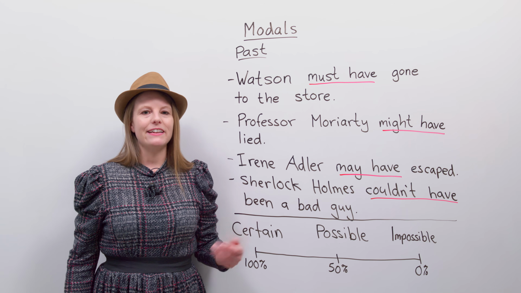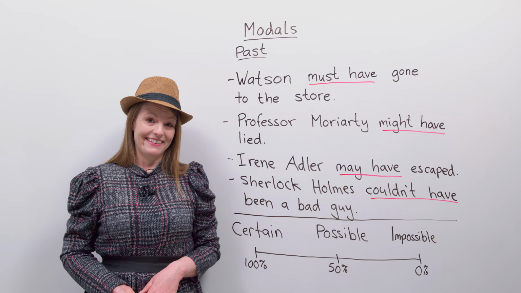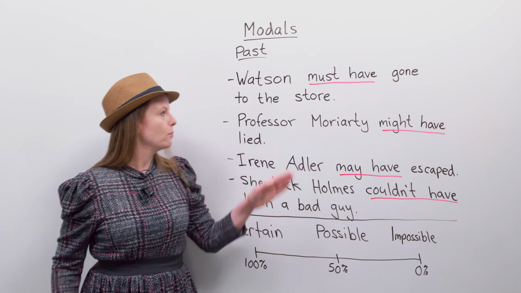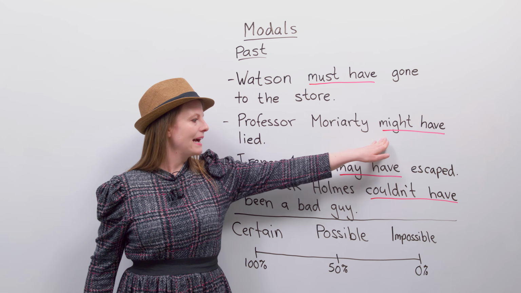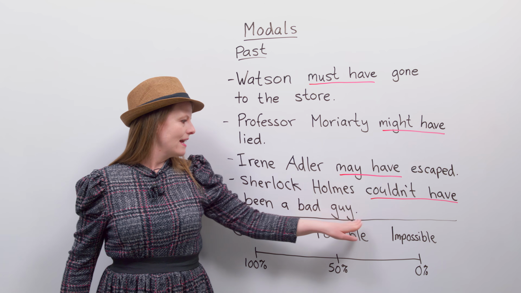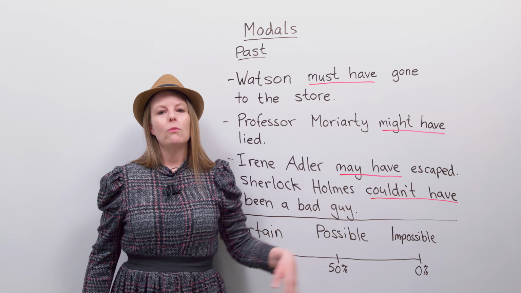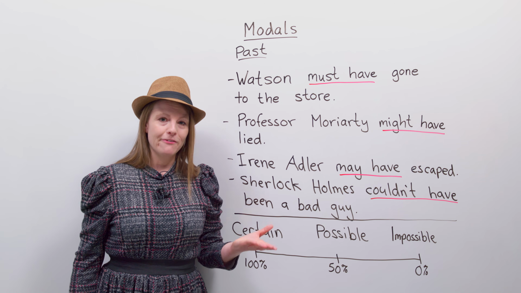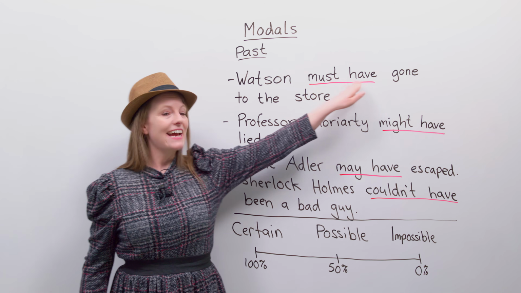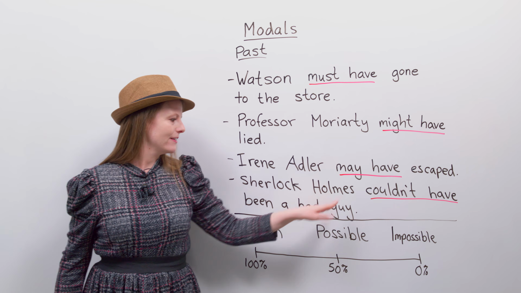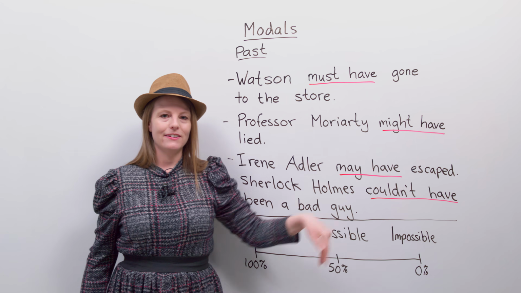So what do you notice about all of these sentences? Well, first of all, they all have a modal word. We have must, might, may, and couldn't. These are all modals. We also have the word have with each of them. Must have, might have, may have, couldn't have.